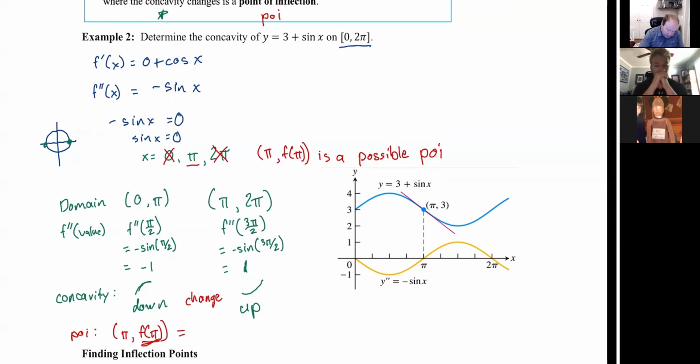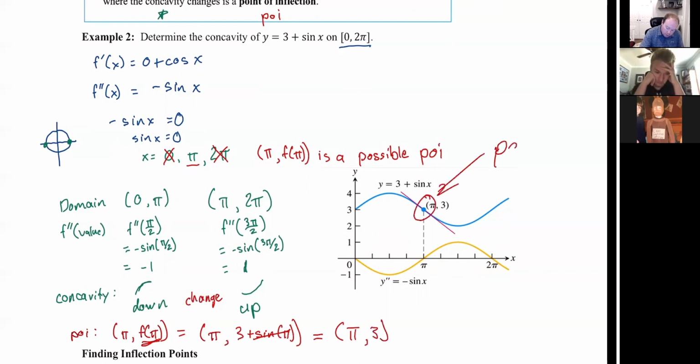So pi is our x value, and 3 plus sine of pi is our y value, and this just goes to 0. So our point of inflection is pi comma 3. And you can see right there, this is our POI.